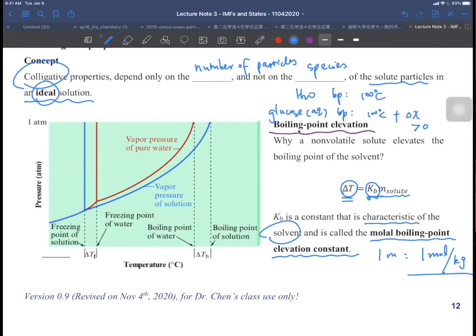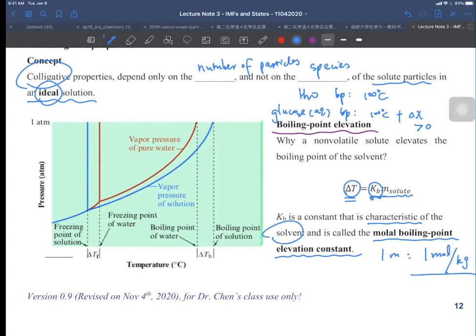Could you please also recall why we need to use molality rather than molarity here? Any idea why we introduce a new concept of molality? Why do we not just use the molarity we already learned?